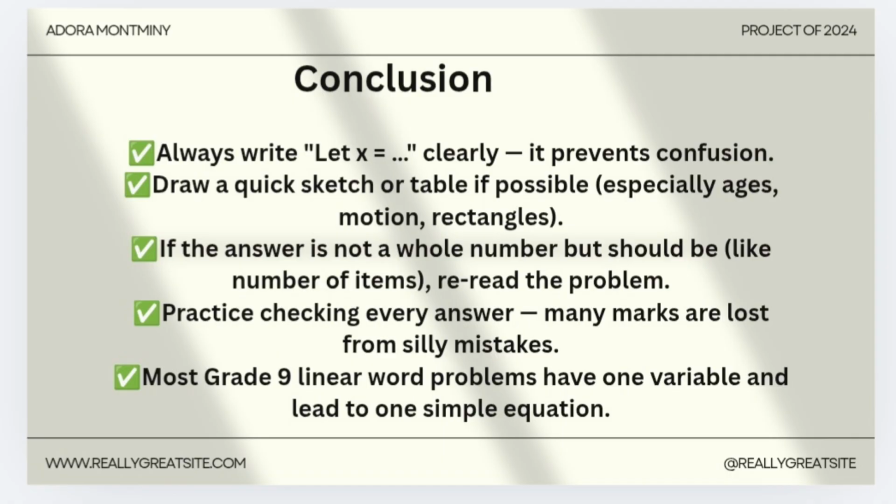If the answer is not a whole number but should be, like a number of items, reread the problem. Practice checking every answer. Many marks are lost from silly mistakes. Most grade 9 linear word problems have one variable and lead to one simple equation.